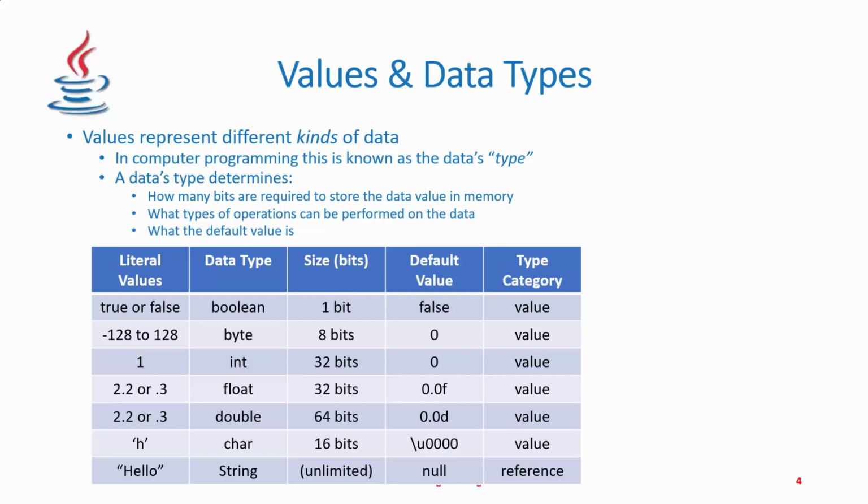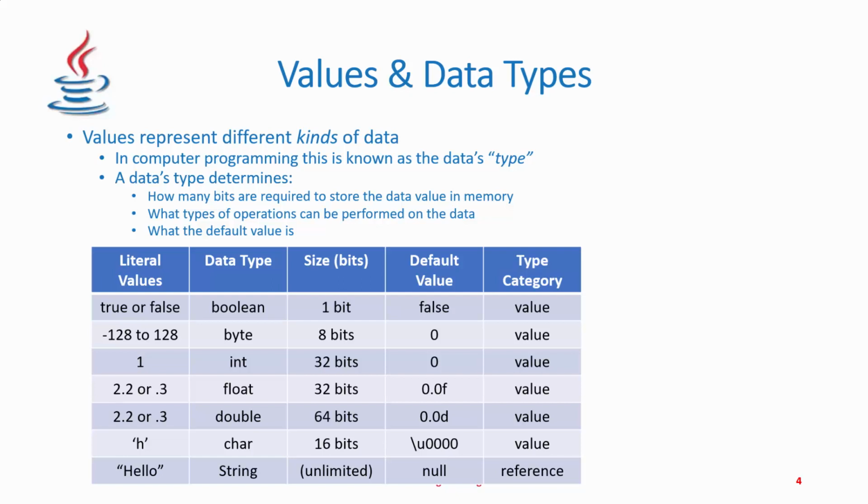So now we take a look at the values and their data types. Values represent different kinds of data. In a computer program, this is known as the data's type.